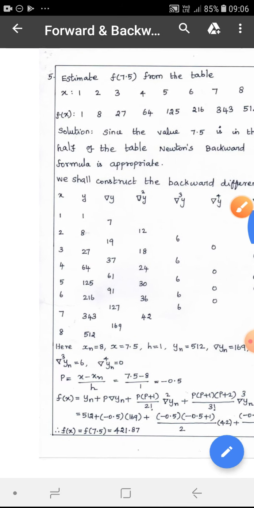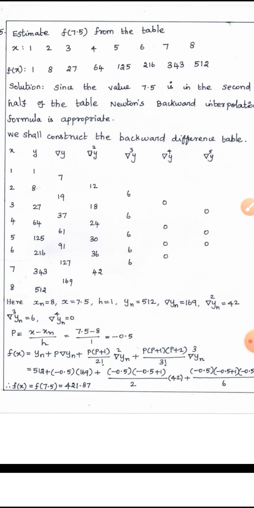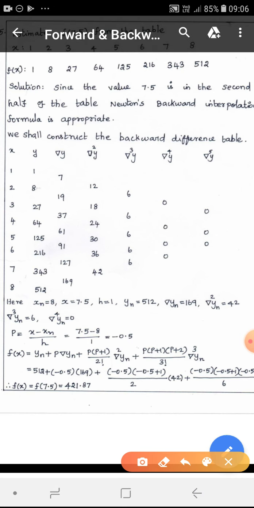We will be using the values which come at the bottom of these columns. So last y value yn is 512, del yn is 169, del square yn is 42, del cube yn is 6. It is enough if we use the formula up to the term containing del cube yn.